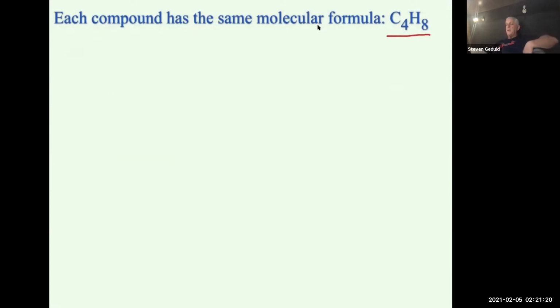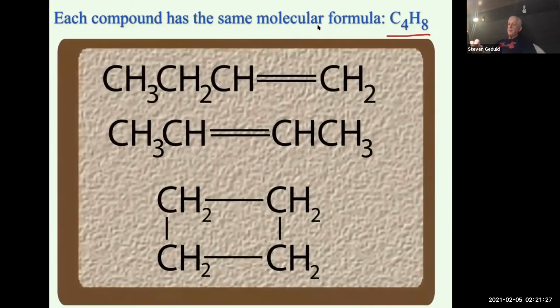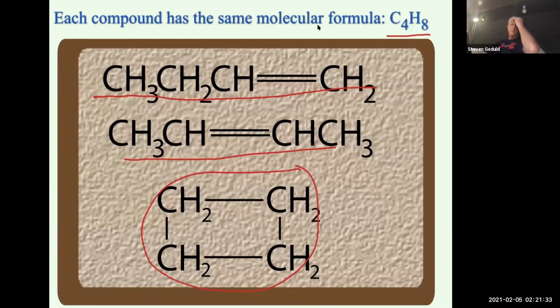Each compound has the same molecular formula, C4H10. Let's do C4H8 here. Each one of these: here is linear with a double bond, here it's linear with a double bond, and this is the ring structure. Look at the first one.